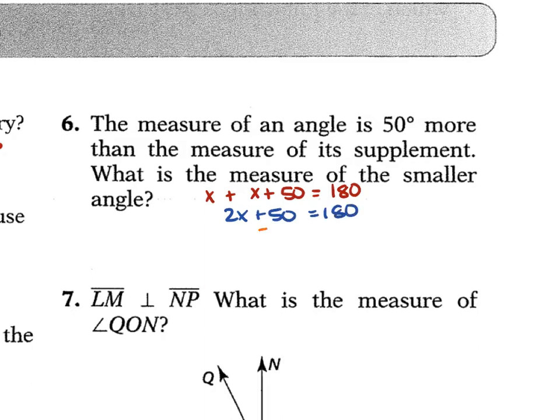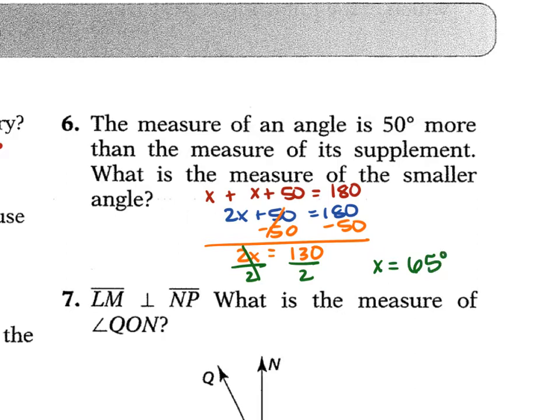We subtract that 50 from each side. We have 2x is equal to 130. We divide each side by 2, so x gives us 65 degrees. So the x plus 50 will be 115. That means that the smaller one is the 65 degrees.